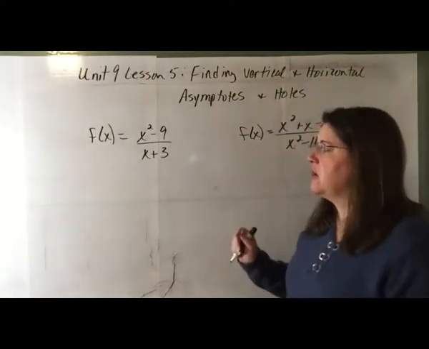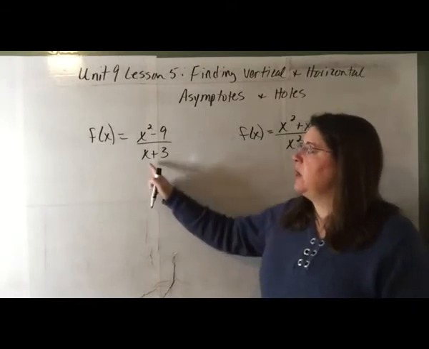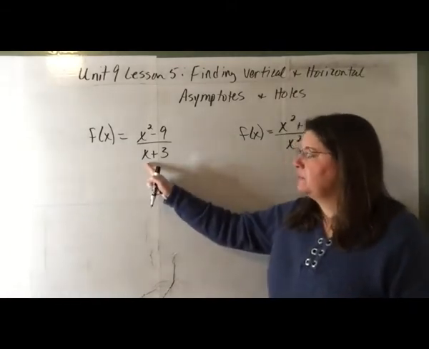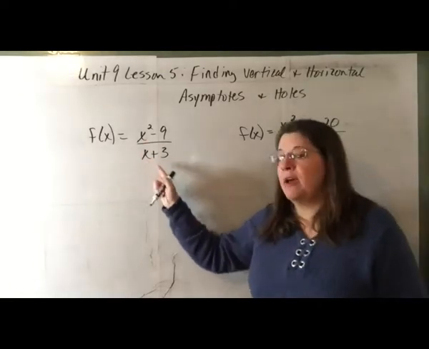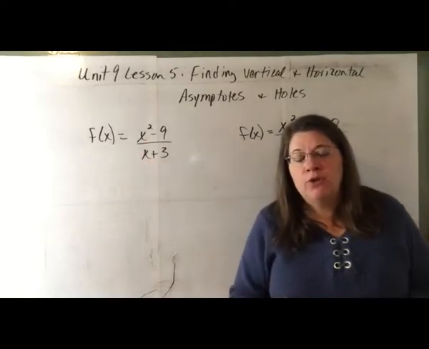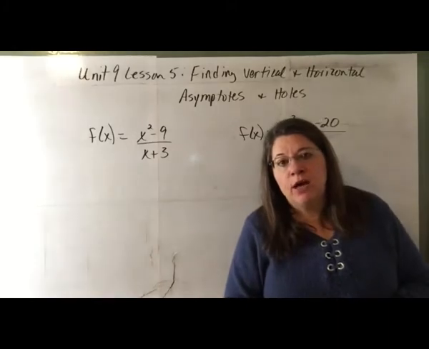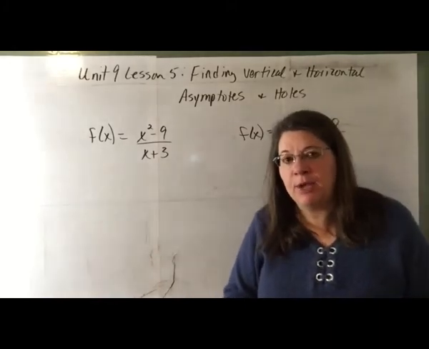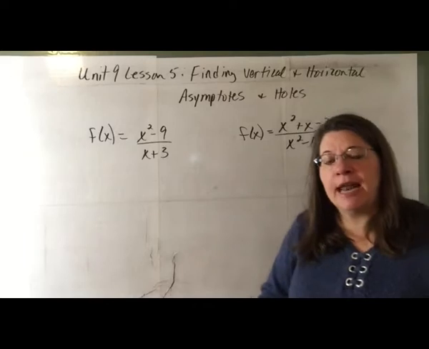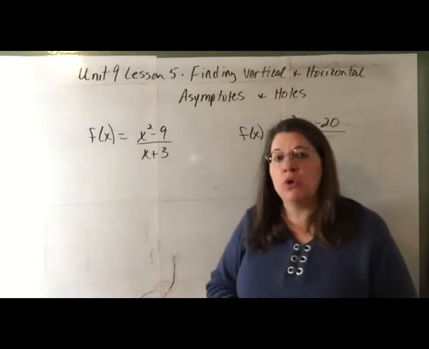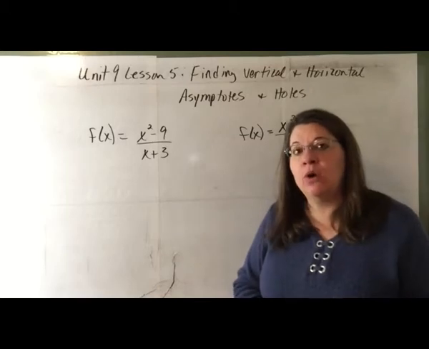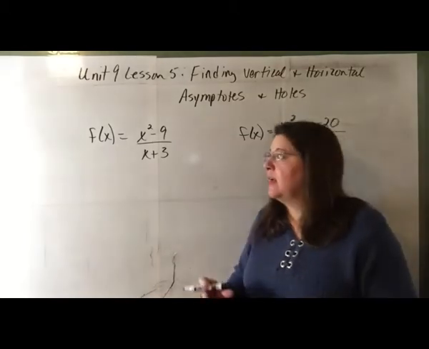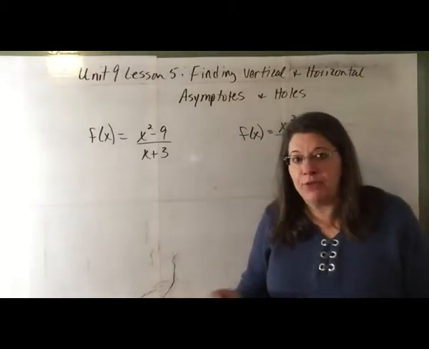The main thing you need to understand is that anywhere you have a graph or an equation of a graph and the denominator could possibly be equal to 0, those are going to be considered values in the graph that have special things happening. You're either going to have a hole at those places or you're going to have an asymptote at those places. And depending on which one it is, will dictate how you graph those things.